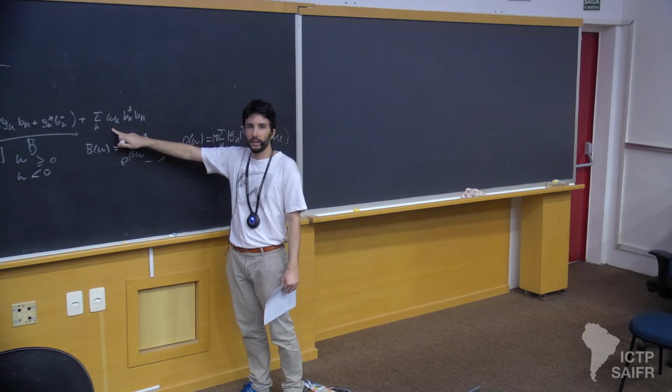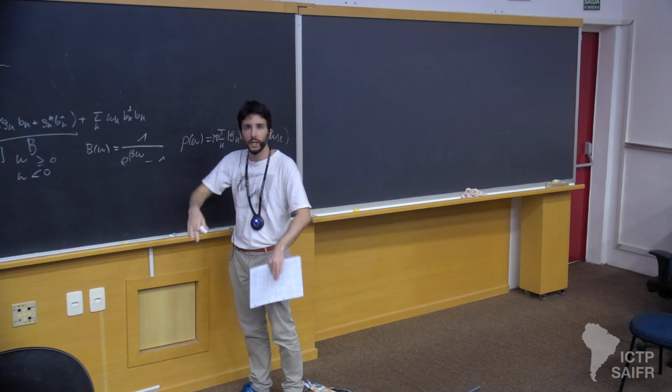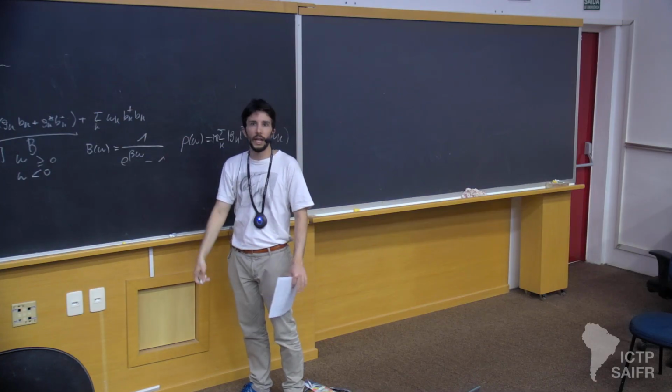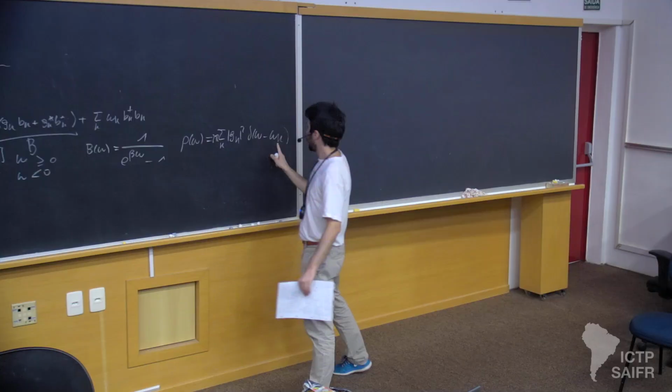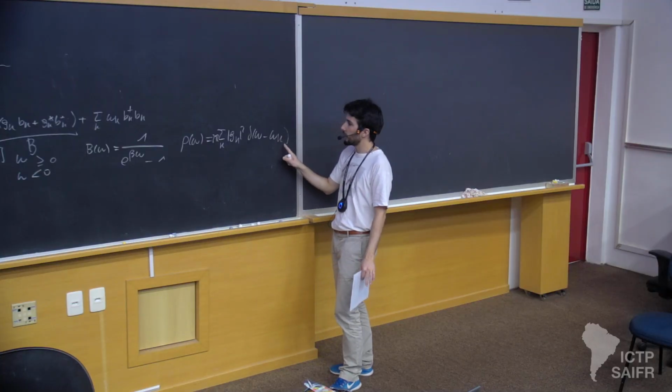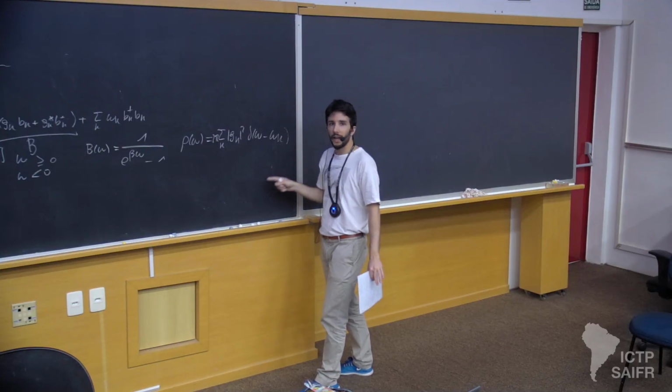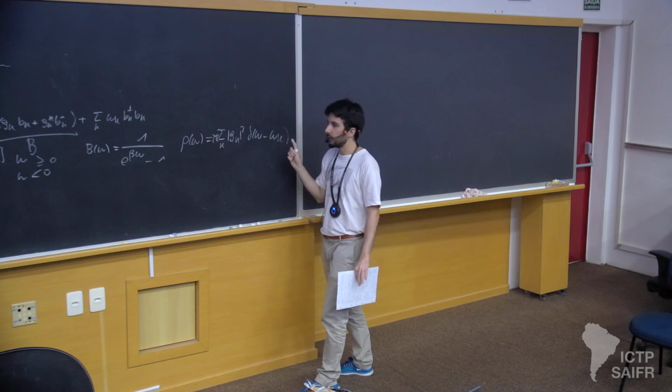If you have a frequency that's negative or zero, then you could condense all bosons inside of these states and lower the energy arbitrarily. So if all these omega k are positive, then this object has support only on positive frequencies.